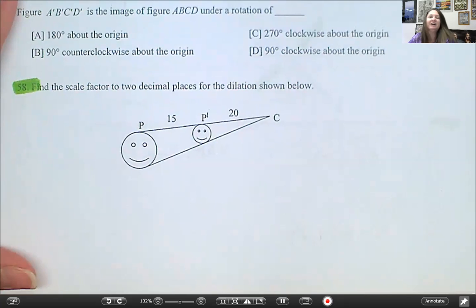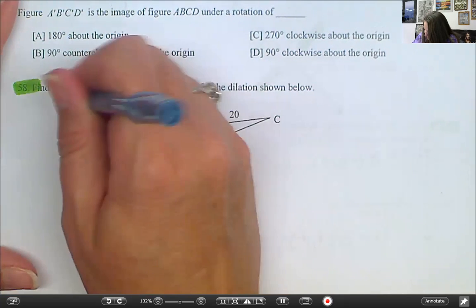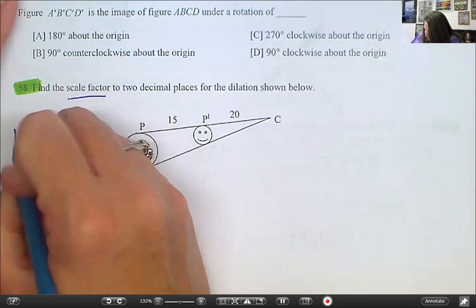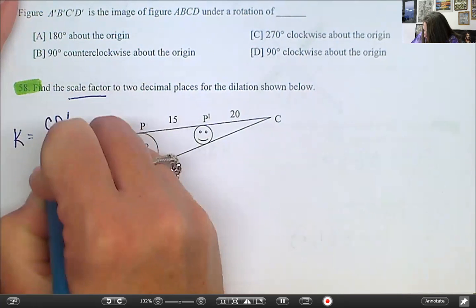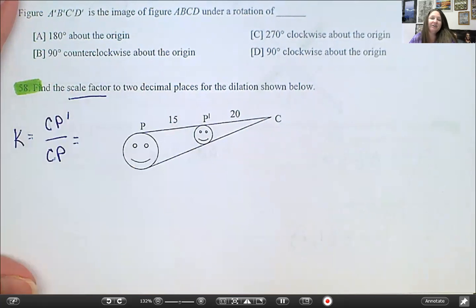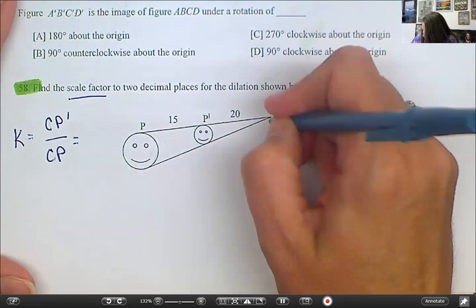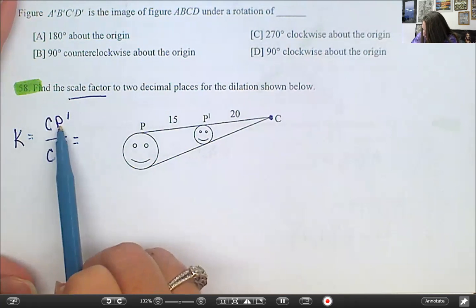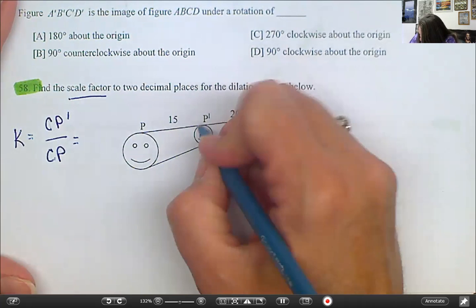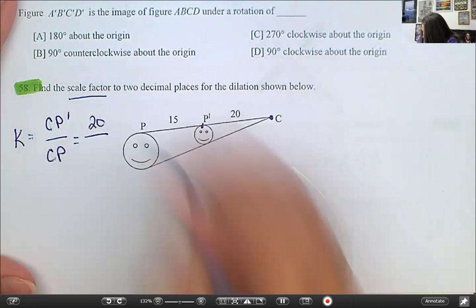Okay, and then one of our commonly missed problems that we see on the final is solving for that scale factor. So again, just a little review here. We want to make sure we know the formula for scale factor, and we measure that dilation from the center. So C is going to be my center point on here. And the center to our image is the numerator, which will give us a value of 20.